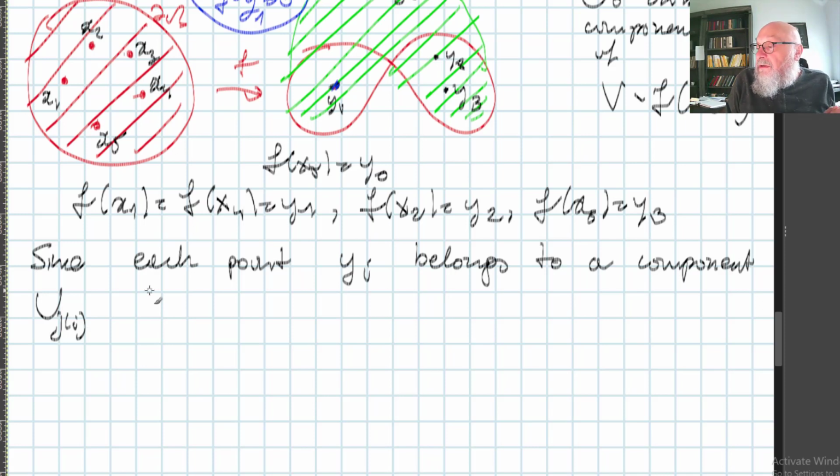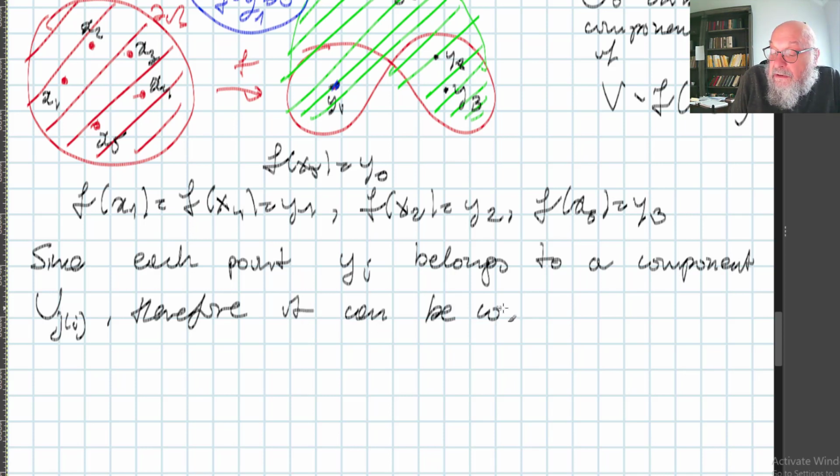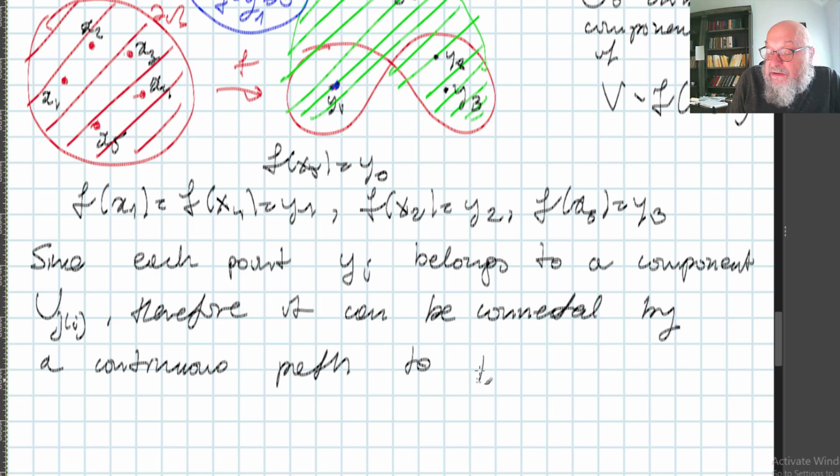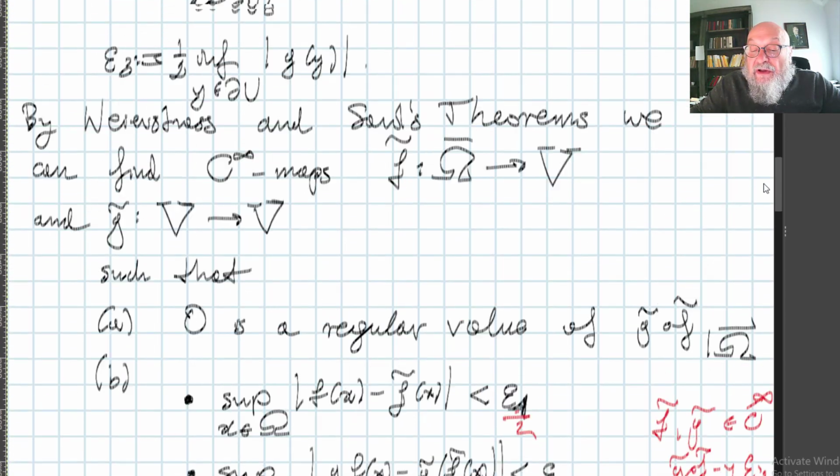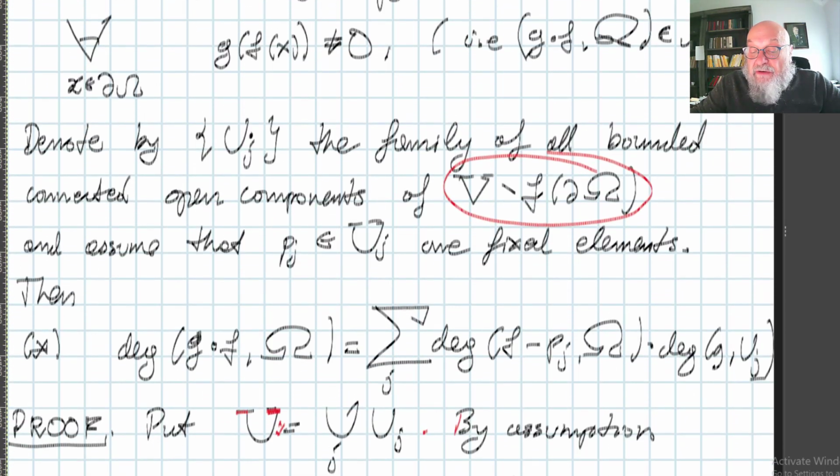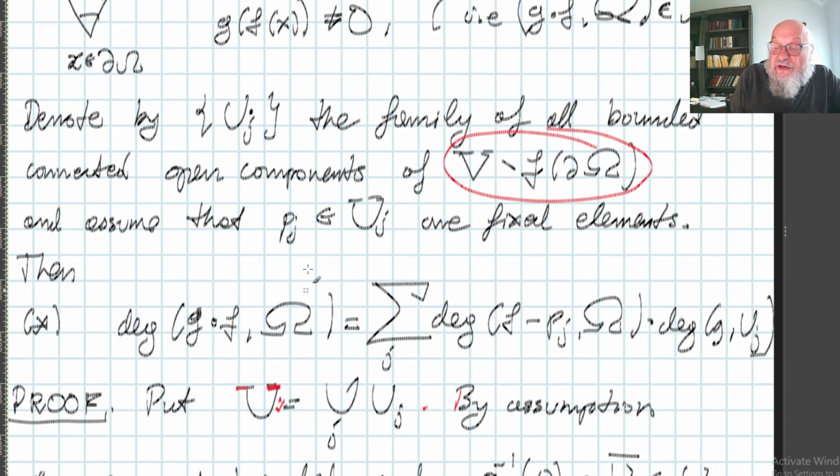Therefore, it can be connected by a continuous path to the point, let me write it down, P, j, i. Yes, we did it. We chose these points in the very beginning. We had these points chosen, except we didn't choose anything for U0, but we can do it now.